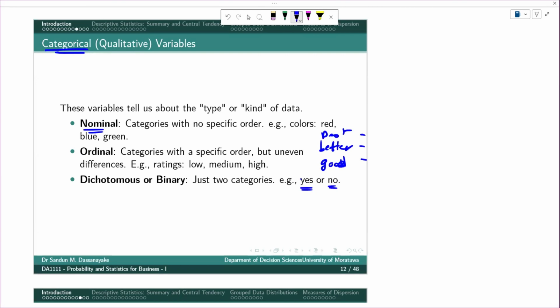So it's actually some sort of a rating system, and that's a categorical interpretation. We call this ordinal. Again, to sum up, you have nominal variables, ordinal variables, and dichotomous or binary variables like gender, yes or no, qualified, disqualified, those kinds of two distinct categories. And they all belong to the categorical variable class.